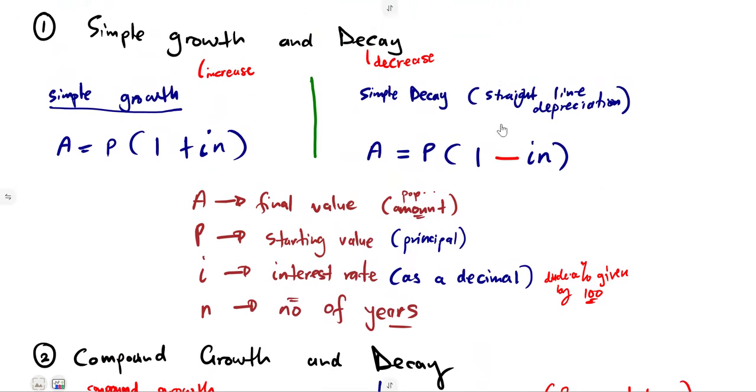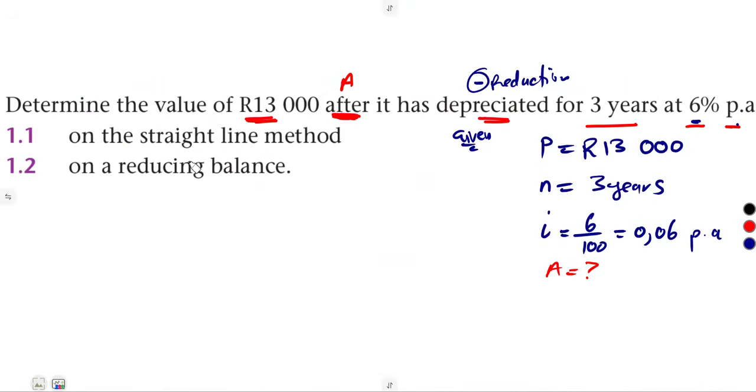When they say straight line, they are referring to a simple decay. Since it is the straight line method, that's the simple decay that we're going to use.